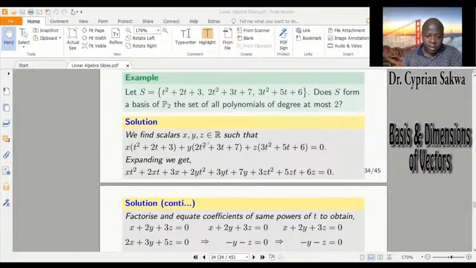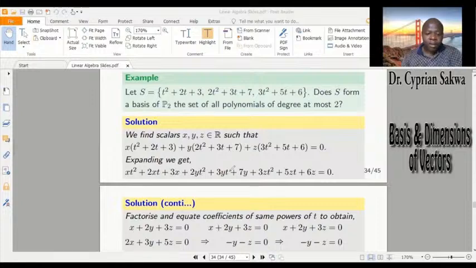So let's just expand this. This will give us t square x, 2tx, 3x, 2t square y, 3ty, 7y, plus 3t square z, 5tz, and then 6z is equal to 0.